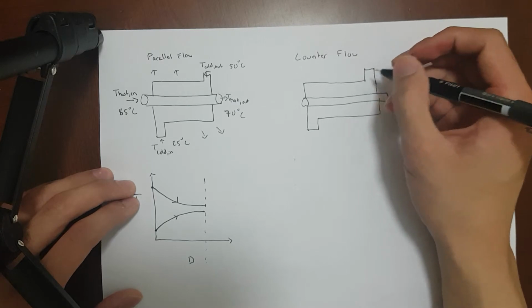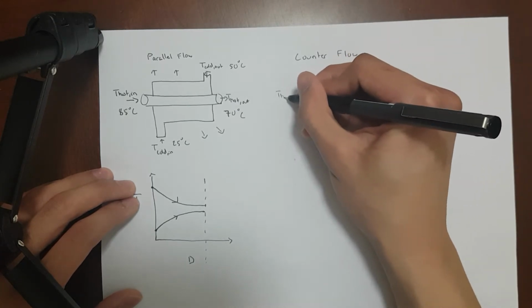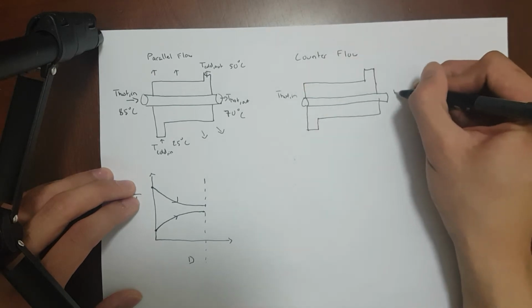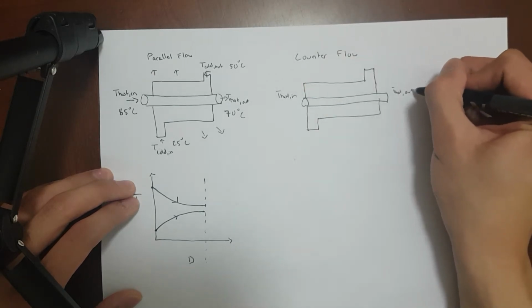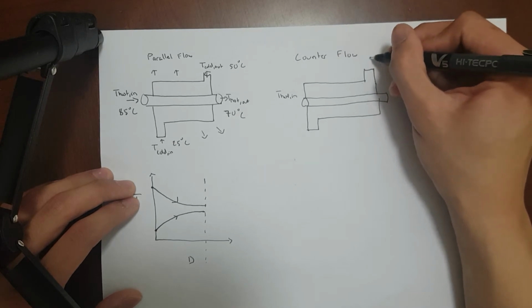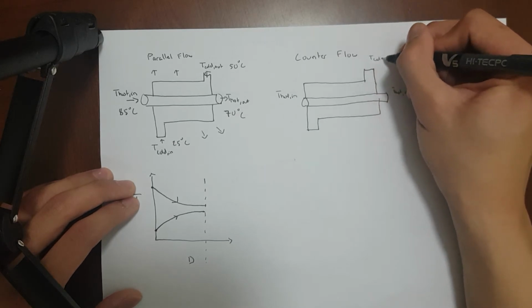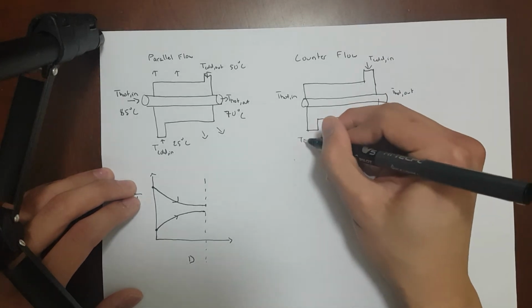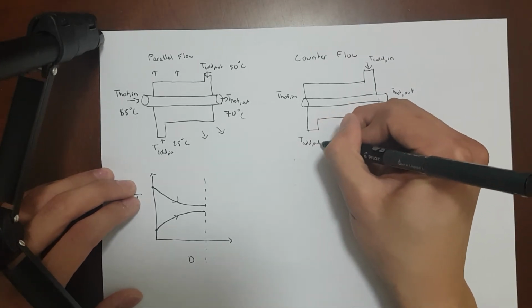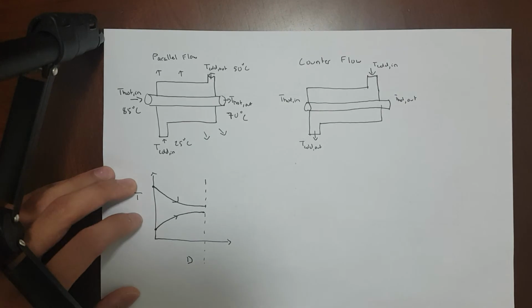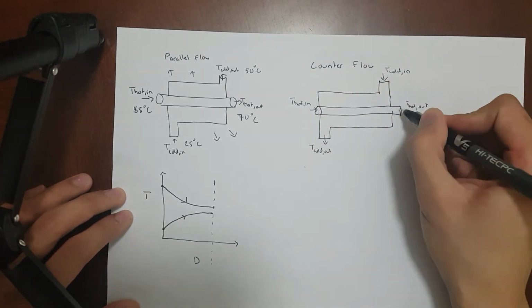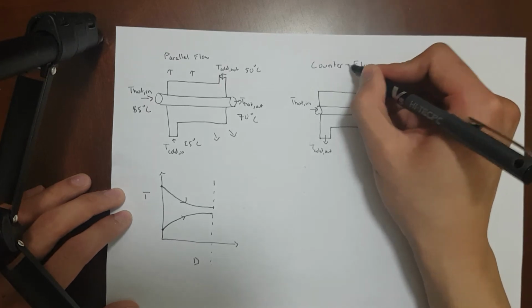So let's say this is still T hot in and T hot out. Now this is going to be T cold in, and then T cold out here. This is counterflow.